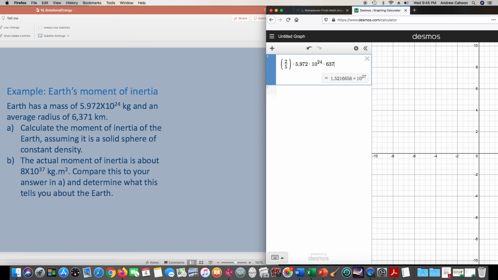I need to convert kilometers to meters to be in standard units here, and it doesn't say I have to, but I will want it for part B. So I multiply that by 1,000, and that radius is getting squared, because it's mr squared. We get an answer for the moment of inertia of the Earth of 9.69, or let's round to two significant digits, 9.7 times 10 to the 37.